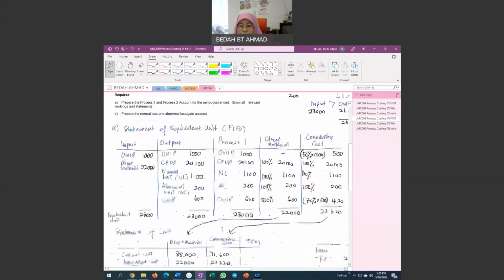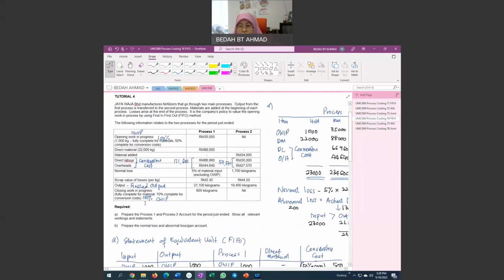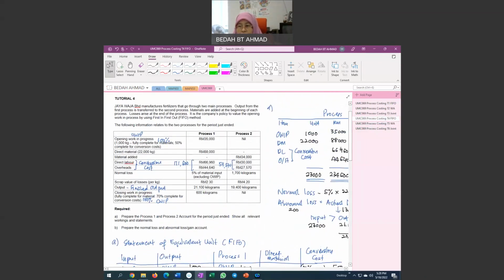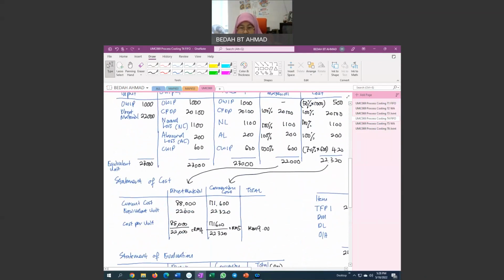First in, first out is usually the same. Of course, we do not break the opening work in progress, but you just take all the current costs, whatever is given and recorded in our process two account. So we just put it in our statement of costs, 88,000, 111,600.